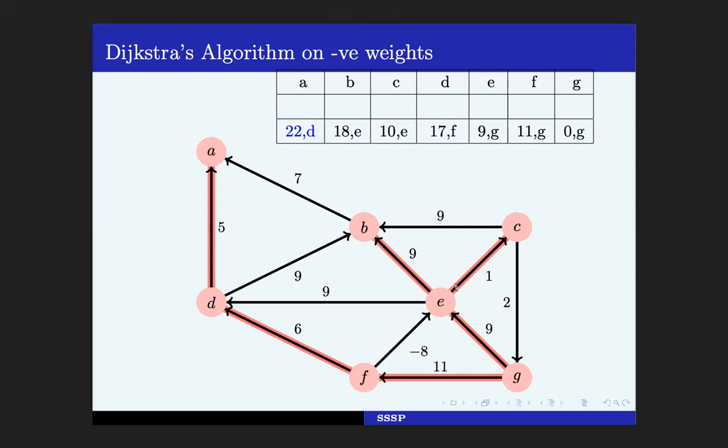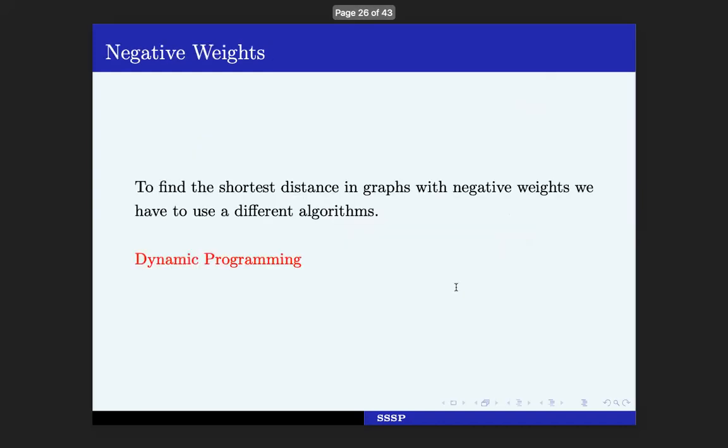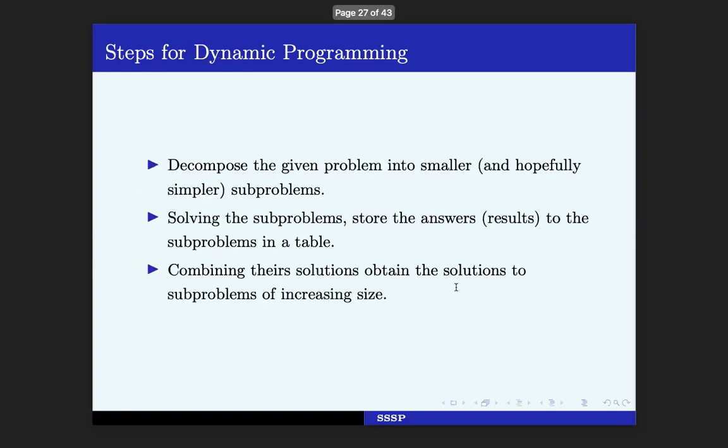Now, how do we handle negative edges? The main idea, which I just explained to you at a high level, is using dynamic programming. I told you that we are storing information and so on, right? So this is the main idea of dynamic programming. We will be seeing two or three other dynamic programming algorithms in the next few weeks, but the basic idea always remains the same.